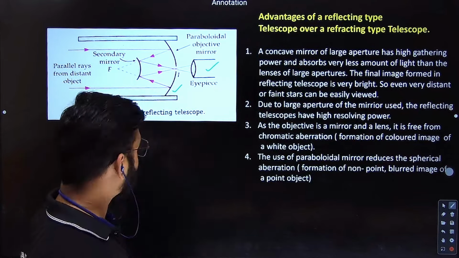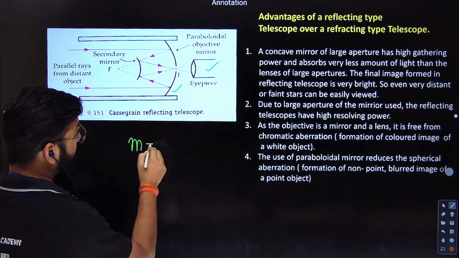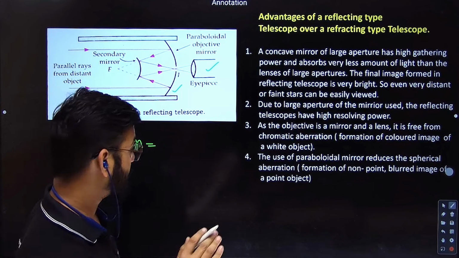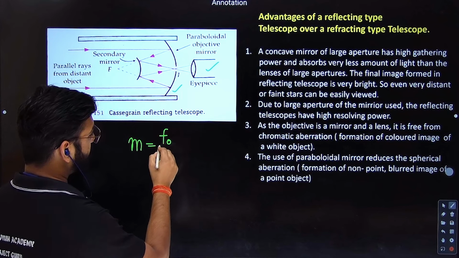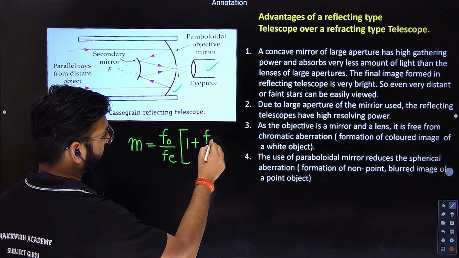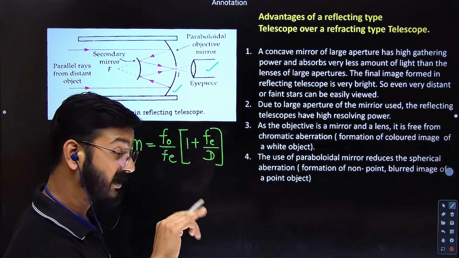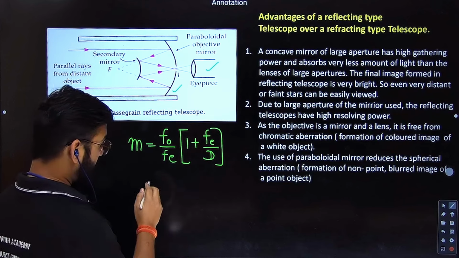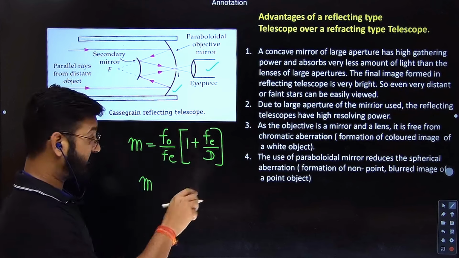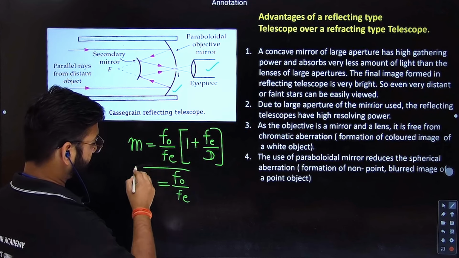Okay, but still I'm writing the expression for the magnifying power. So the expression for the magnifying power when the image is formed at D is FO by FE into 1 plus FE by D. If the image is formed at infinity, then it is only FO by FE.